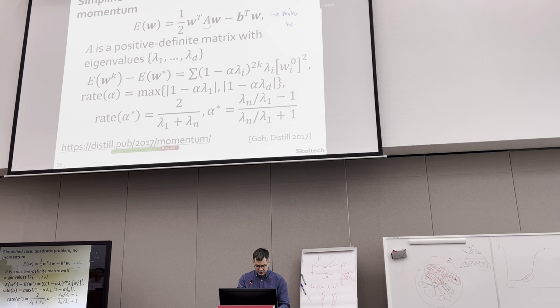Also we have a linear term, and we don't care a lot about this term because it affects the solution very little. And we would assume that A has positive eigenvalues. Why do you think we need this assumption? Any ideas?